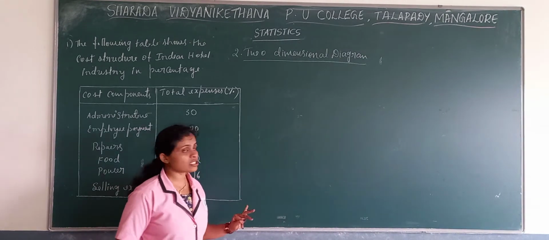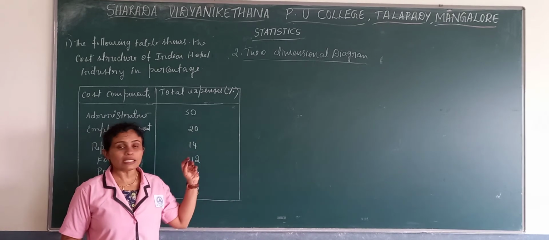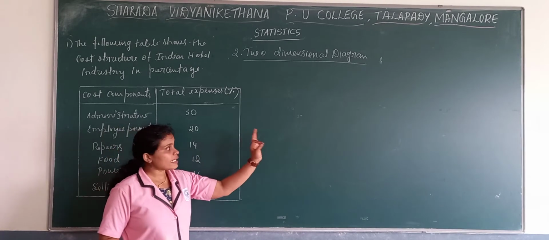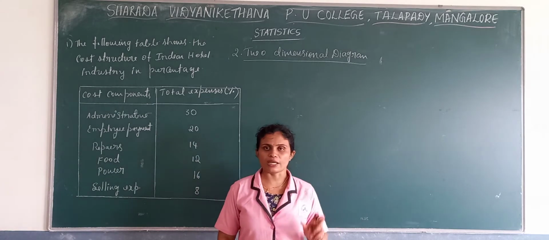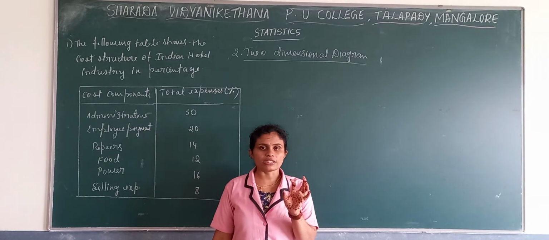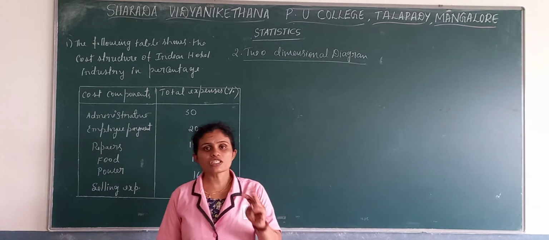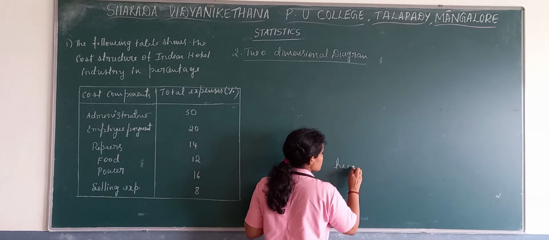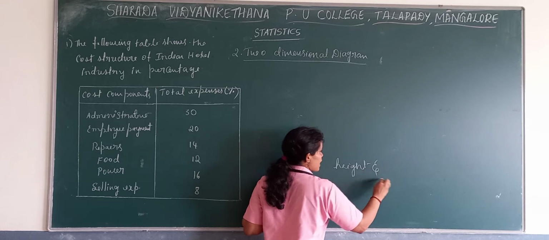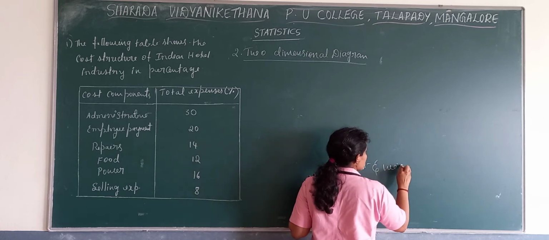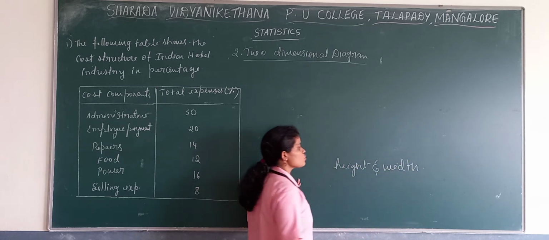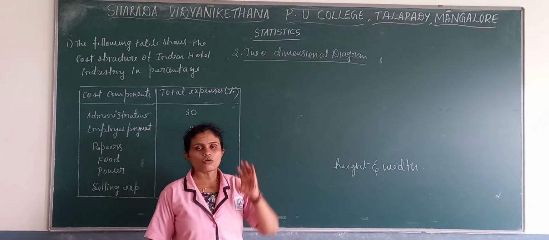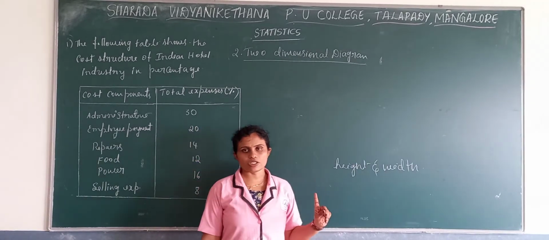Now, what is a two-dimensional diagram? A two-dimensional diagram is a diagram drawn by considering two dimensions. Which are those two dimensions? The two dimensions are height and width. In one-dimensional diagrams, we consider only height, so we call it a one-dimensional diagram.